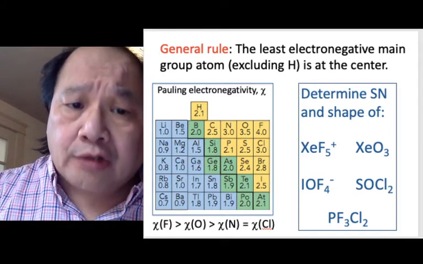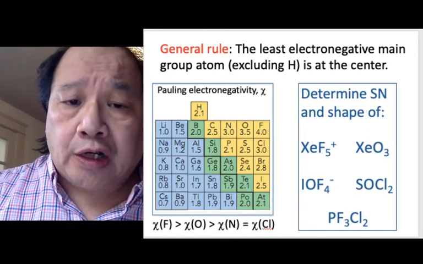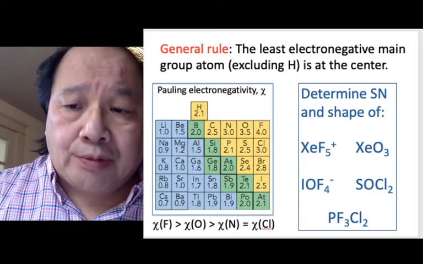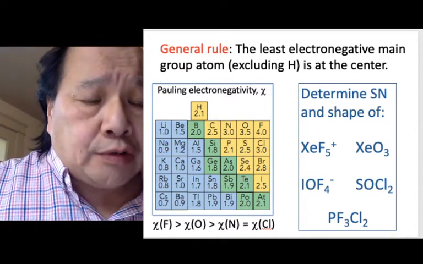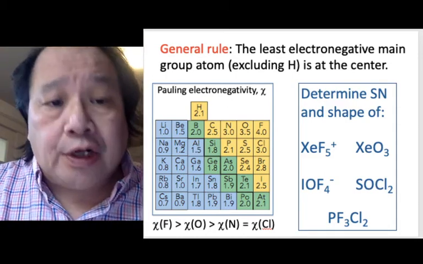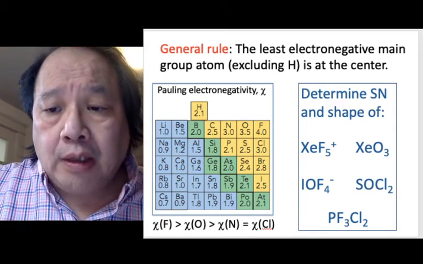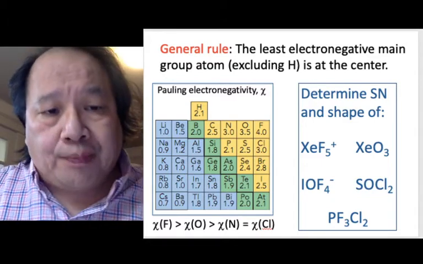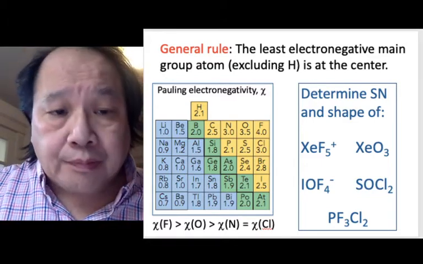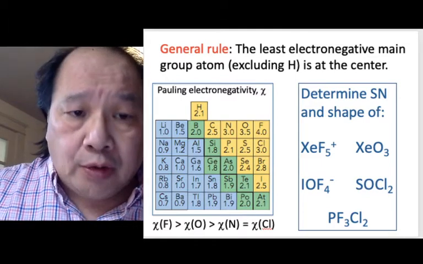It's not that hard to find the most electronegative atom because of the following simple rule. Electronegativities are not determined for the noble gases; fluorine is the most electronegative atom. So fluorine is the most electronegative, and the closer you are to fluorine in the periodic table, in the main group, the more electronegative you are.